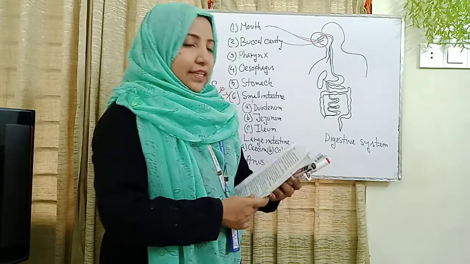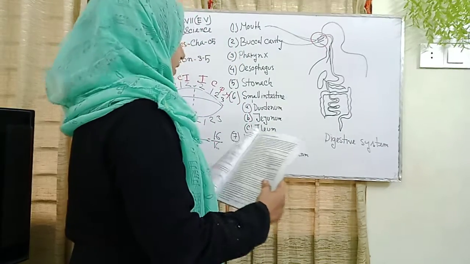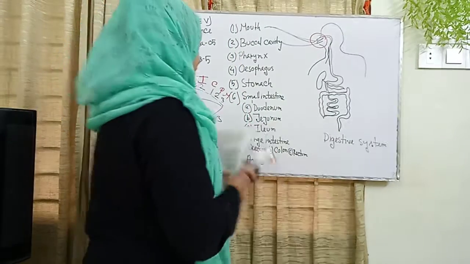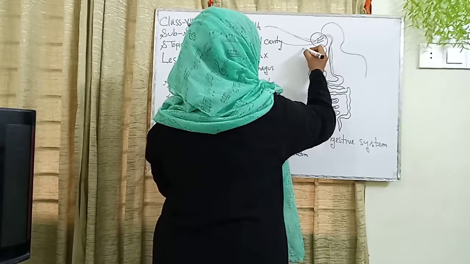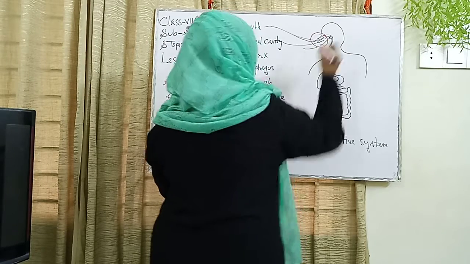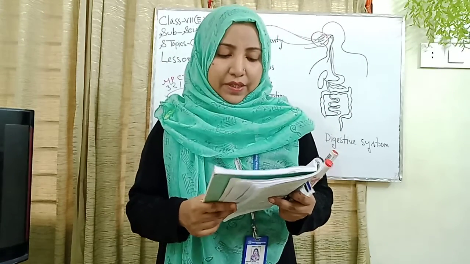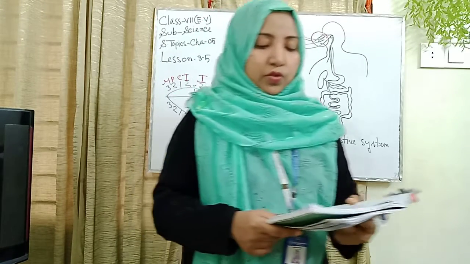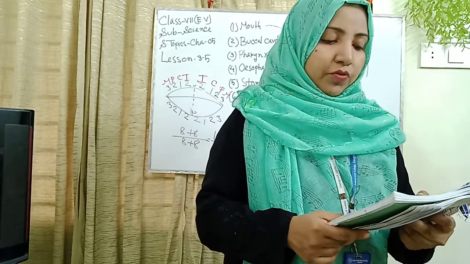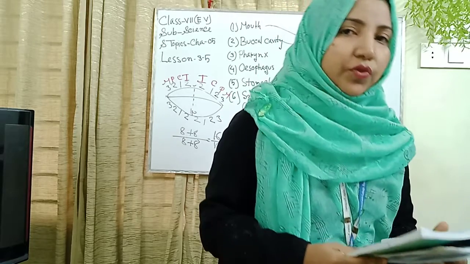Third structure is the pharynx. Please everyone see where the pharynx is. I also explain what the pharynx is. Next to the buccal cavity is the pharynx, through which food materials move from the buccal cavity to the oesophagus.